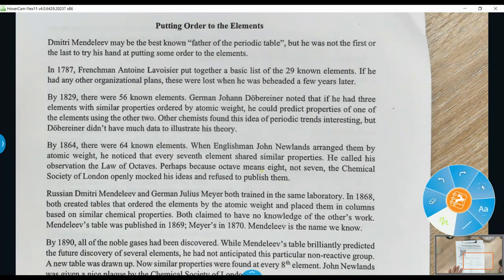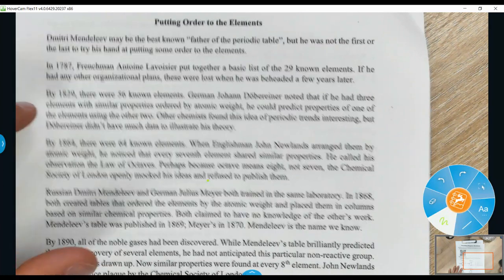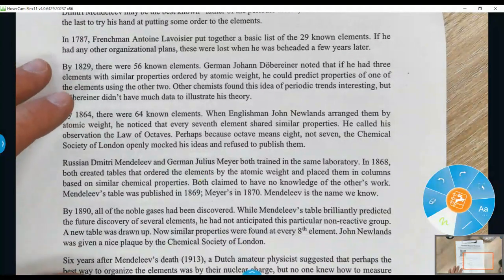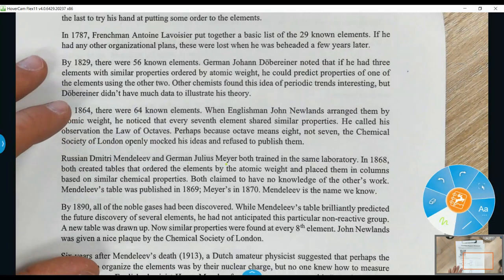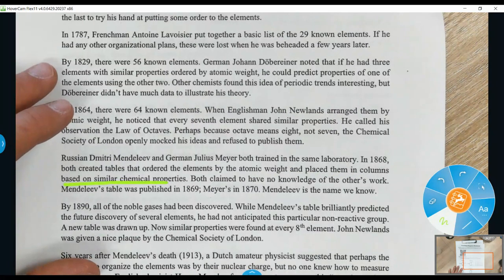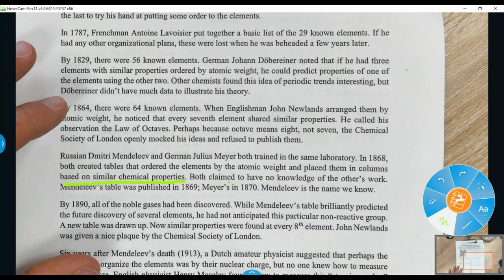Perhaps because octave means 8, not 7, the Chemical Society of London openly mocked his ideas and refused to publish them. Russian Dmitri Mendeleev and German Julius Meyer were both trained in the same laboratory. In 1868, both created tables that ordered elements by atomic weight and placed them in columns based on similar chemical properties.